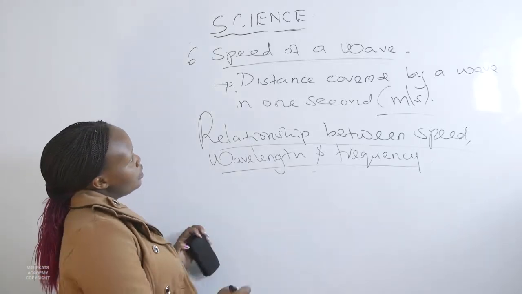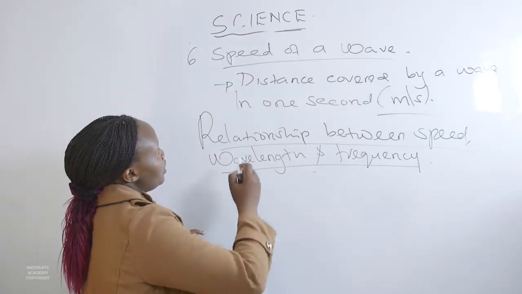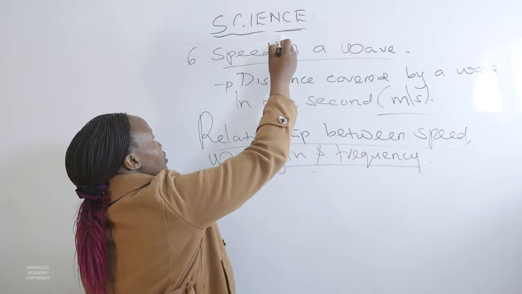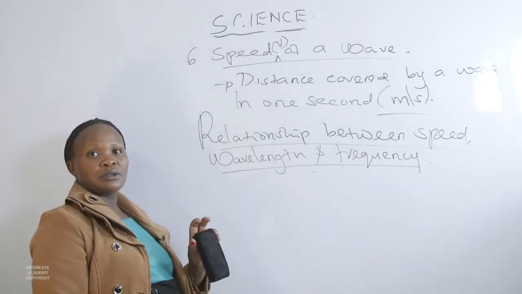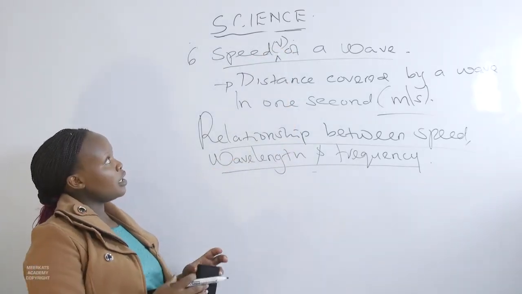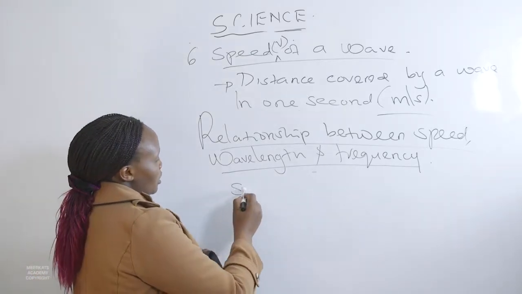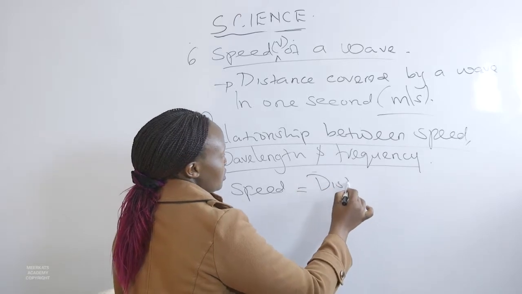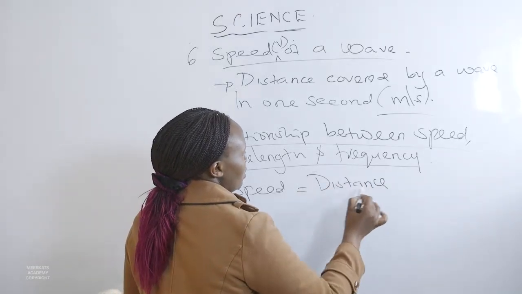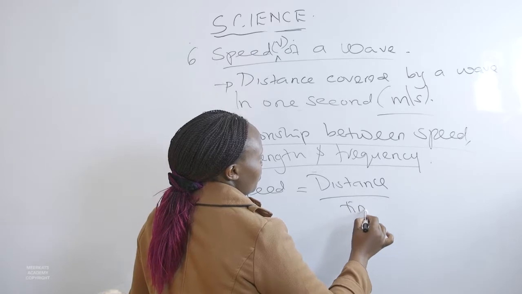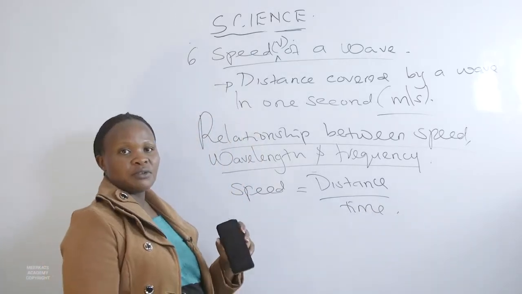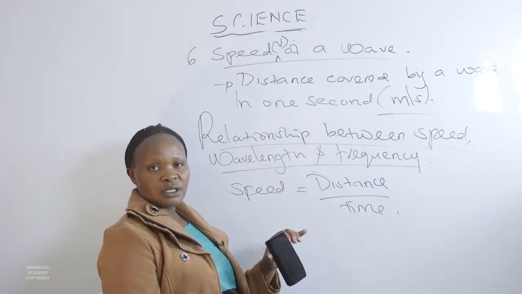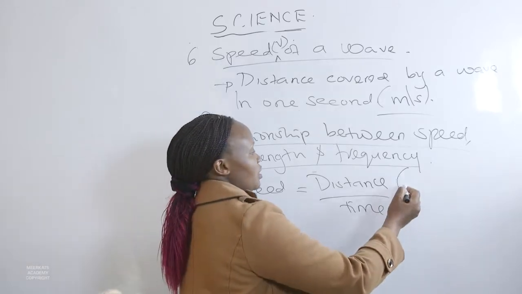Normally, speed, which in this case we are going to symbolize using a V, is given by distance over time. Now, in case of waves, we do not talk about distance, but the wavelength.